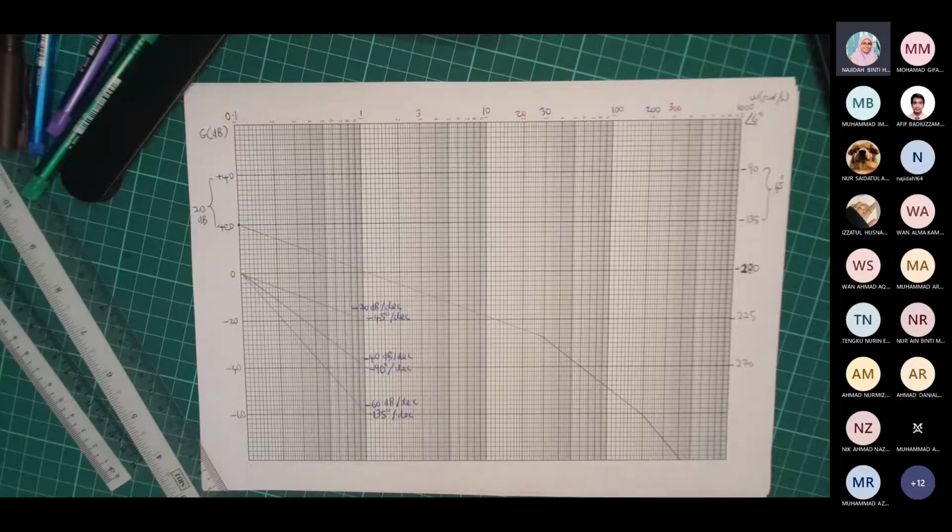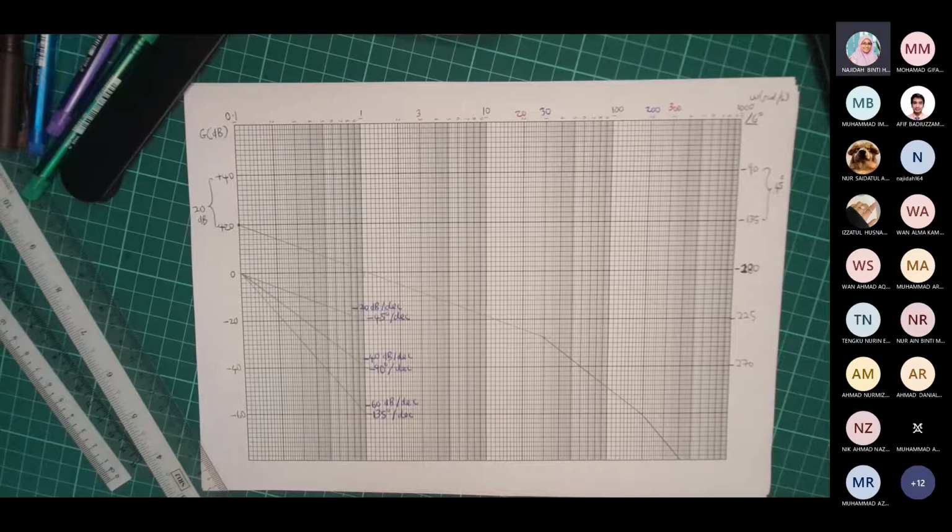So for the first time you plot during this class, during this semester, it might take 2 hours, in order for you to refresh and get back the skill of plotting magnitude and phase plot. The second time, you might reduce to 1 hour. And during the final and test, you might reduce to 30 minutes. If you practice more, you might reduce to 20 minutes for plotting the complete Bode plot.